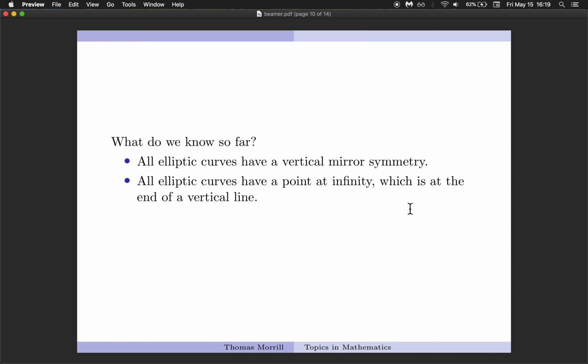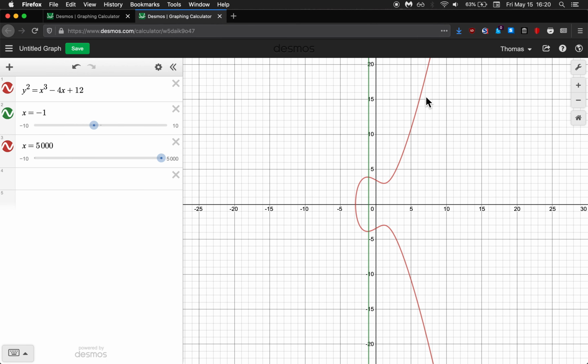What is already here that I can take advantage of for defining my group operation? Well, number one, we saw in my previous lecture that every single elliptic curve has a mirror symmetry through the x-axis. So what we have above the x-axis is exactly what we have below the x-axis.